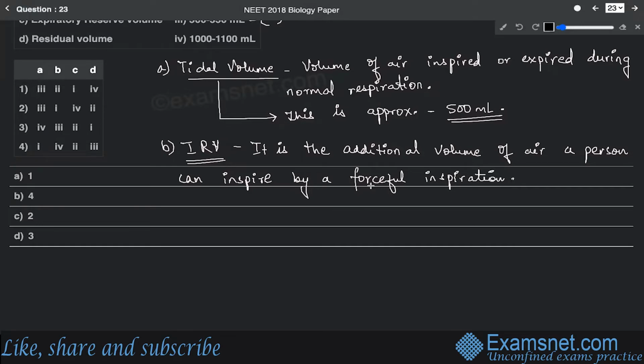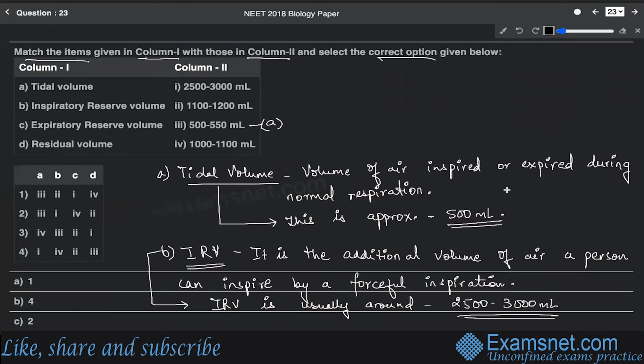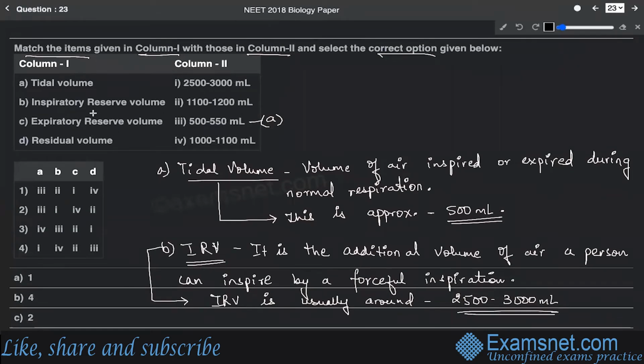IRV is usually around 2500 to 3000 ml. Clear? So that means this one.